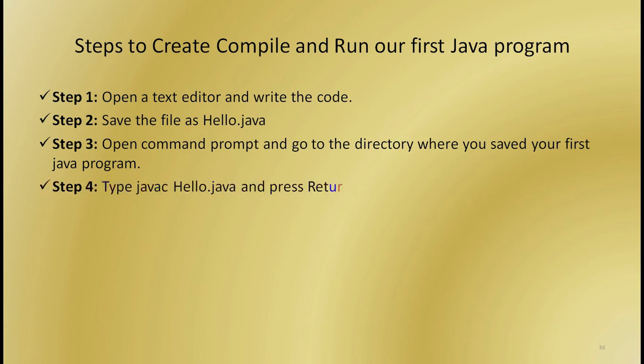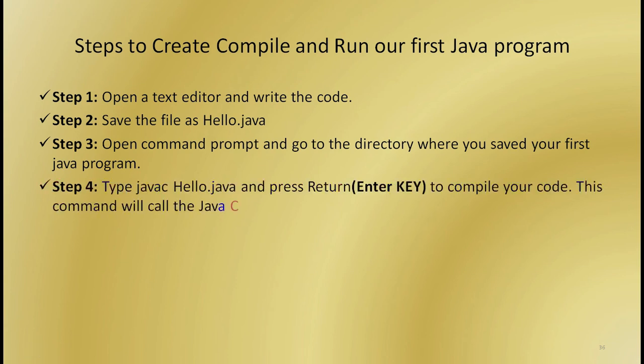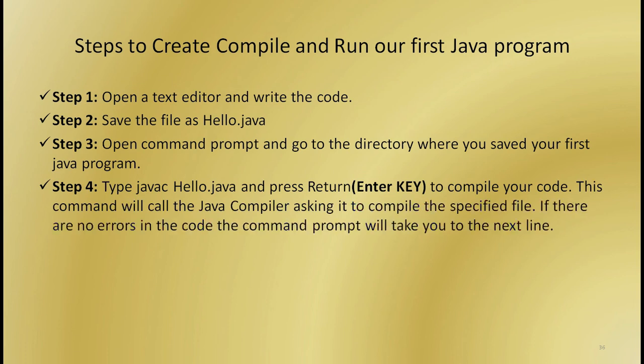Step number 4: type javac hello.java and press return, meaning the enter key, to compile your code. This command will call the Java compiler, asking it to compile the specified file.